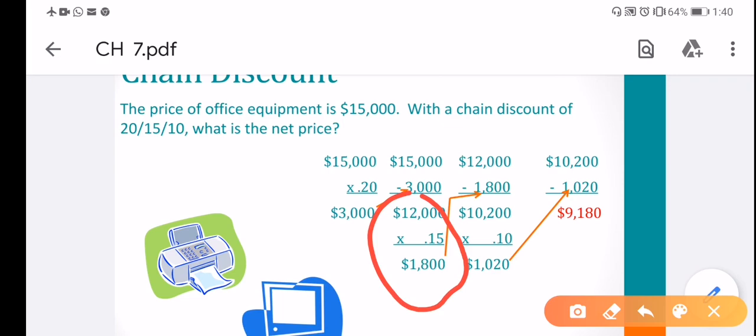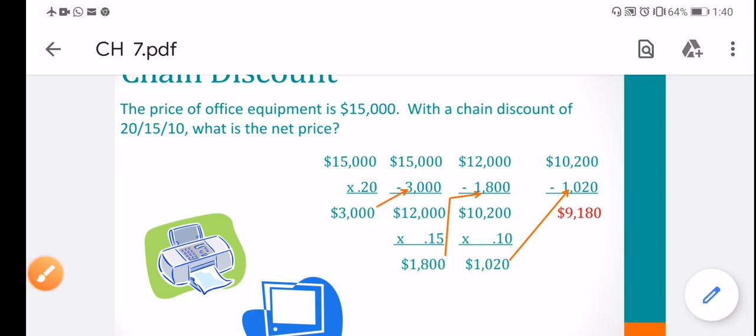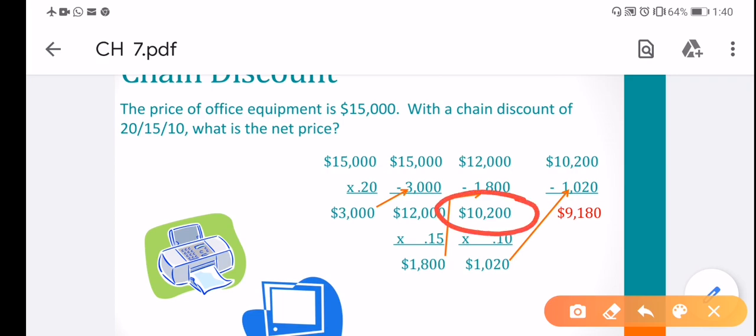If the item price was 12,000 and now I give you a discount of 1,800, then how much should I pay? Definitely we want to deduct it. 12,000 minus 1,800, which will be 10,200 here.